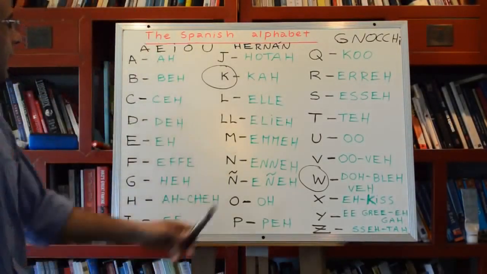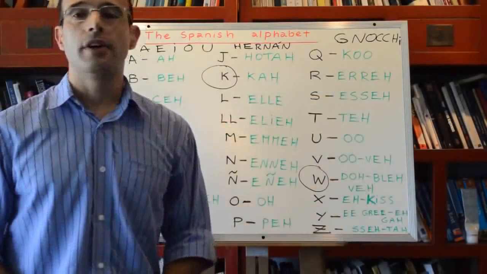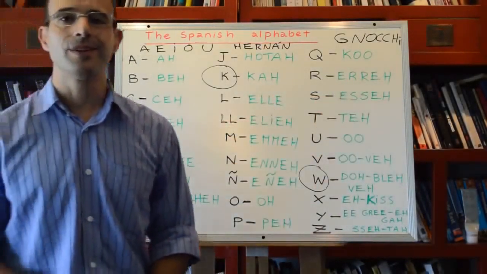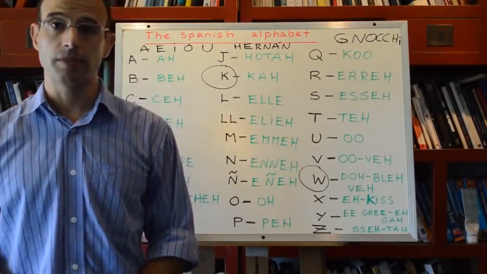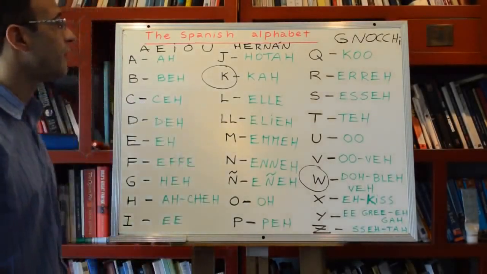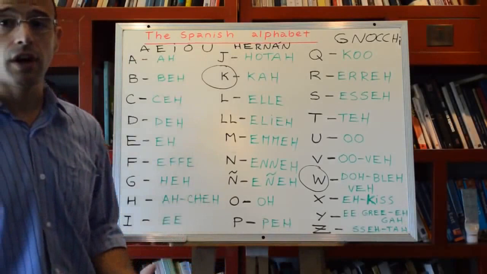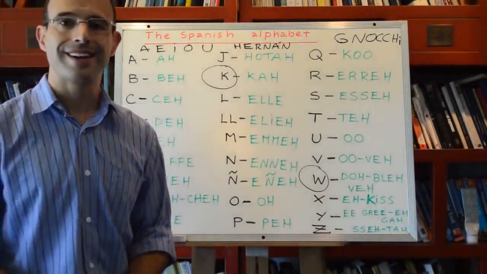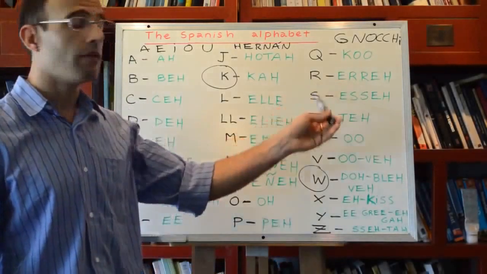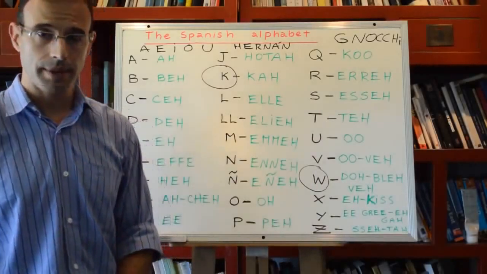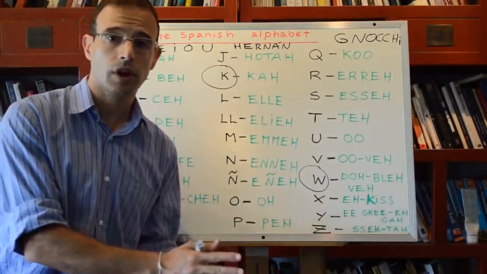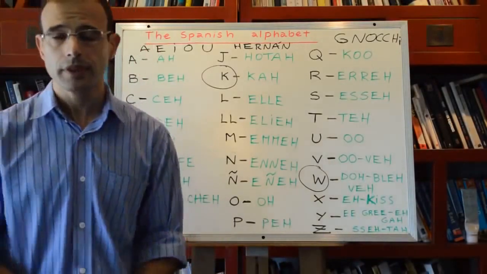Good. Let's talk of letter R. Letter R has two different sounds in Spanish, okay? We have the rough or tough R, or hard R, and we have the soft R, okay? So when do we have a hard R and a soft R?